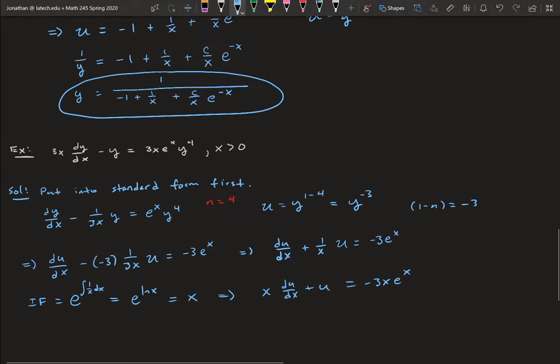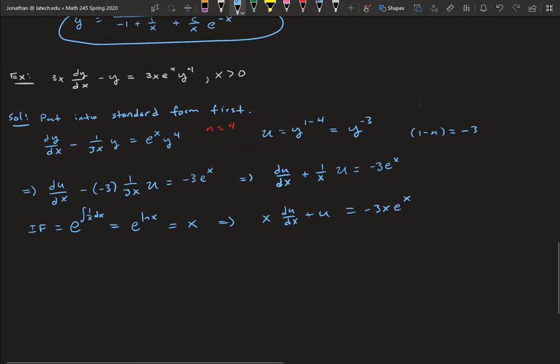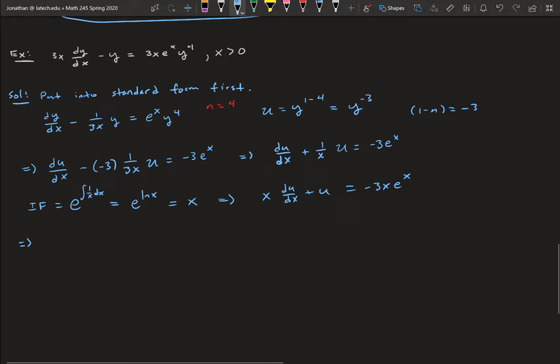And again, we're just going to do an integration by parts over there. So this is d by dx of x times u equals negative 3x e to the x. So we have to solve this integral, so integrate both sides with respect to x.